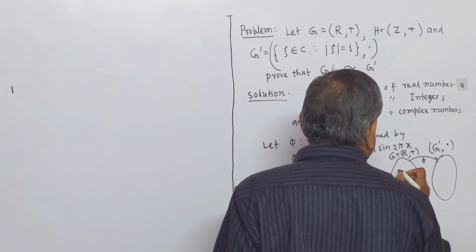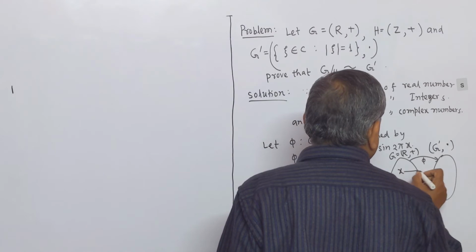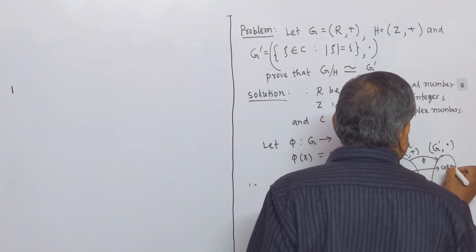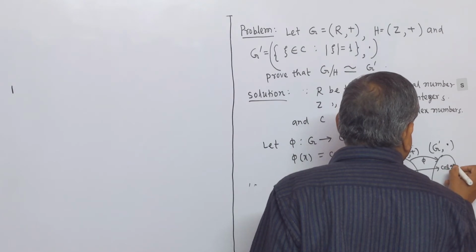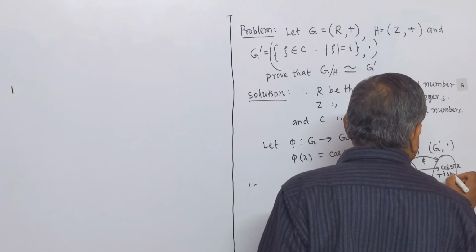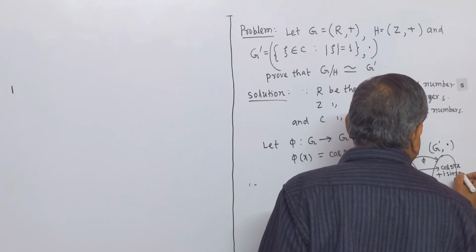For element x belongs to G, we have cos 2 pi x plus I sin 2 pi x.